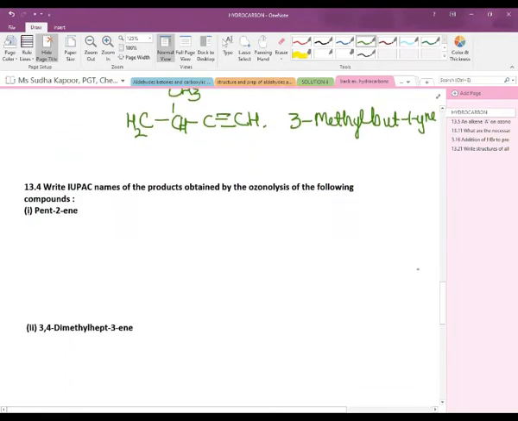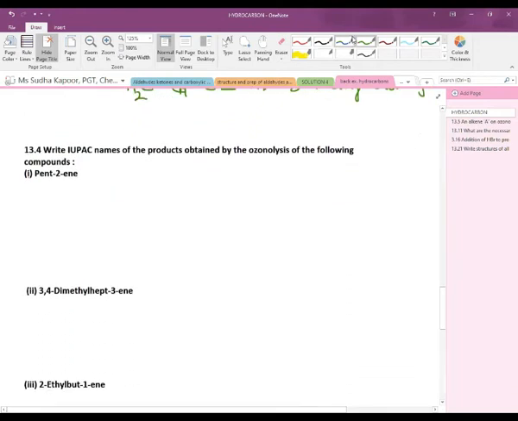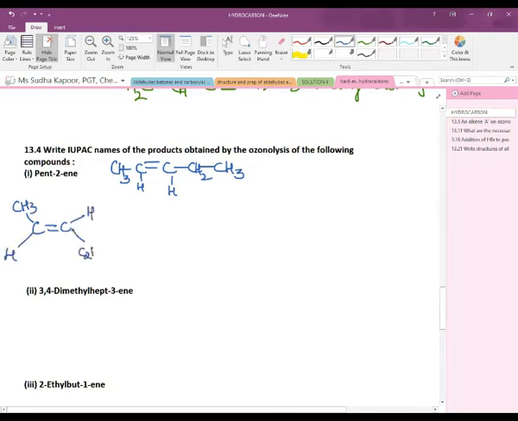Okay, now coming to the other one. Write the IUPAC name of the product obtained by the ozonolysis of following compound. We know that during the ozonolysis, it is mandatory to show the ozonide and then the lysis of it. So how we have prepared it in the video part also, that is first of all draw the pent-2-ene and separately show how many different groups are present on it, so that in simplified manner it can be shown as C double bond C. On one side it is CH3 and H, on the other it is H and C2H5.